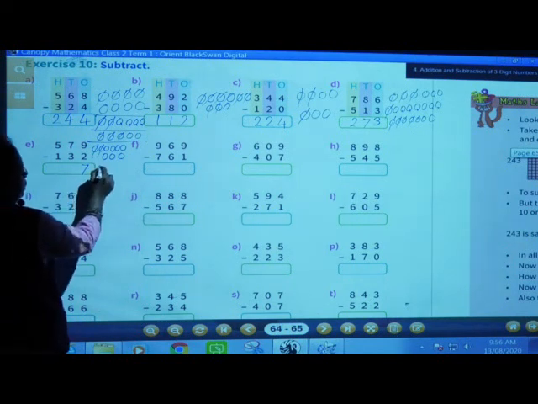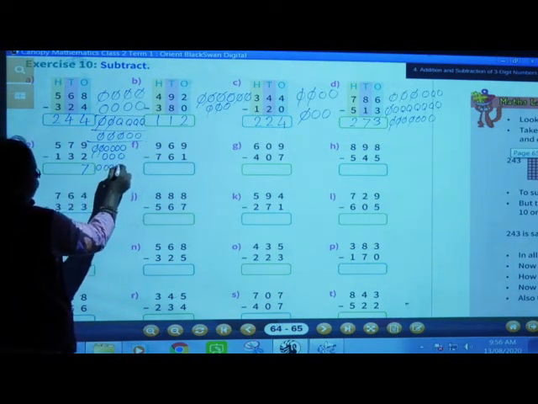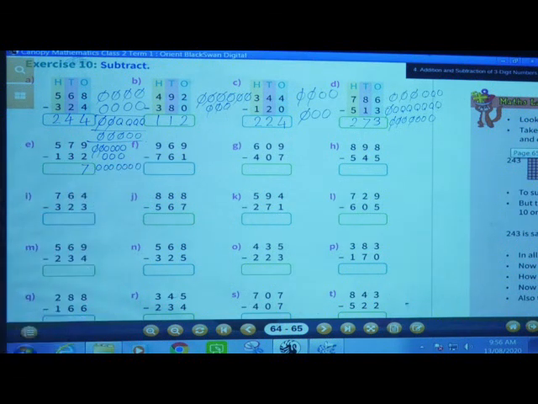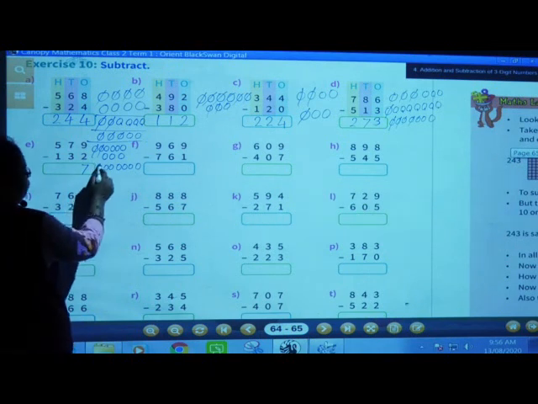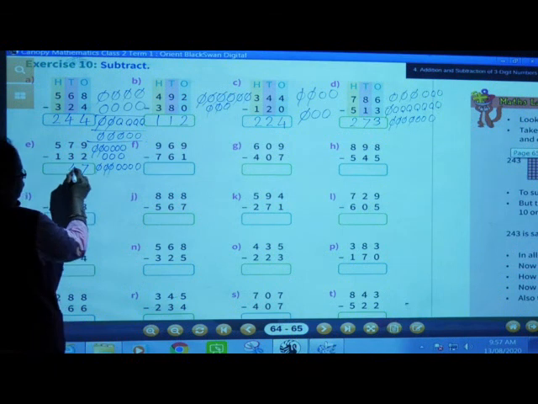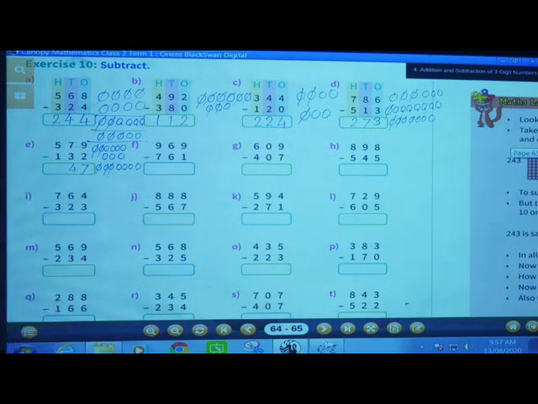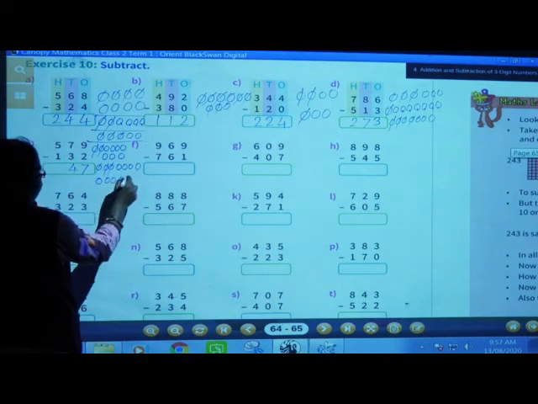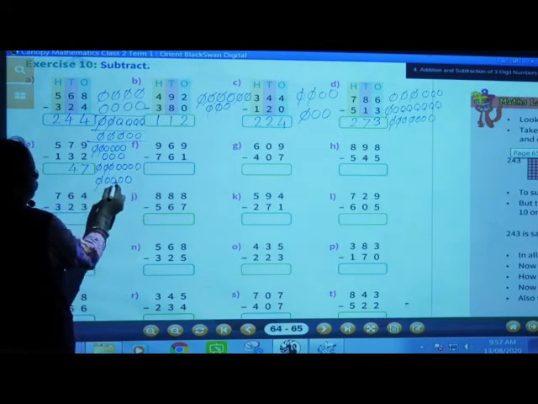Then next 7 minus 3. Cut 1, 2, 3. 4 remain. Then 5 minus 1. 1, 2, 3, 4, 5. Minus 1. 4 remain.